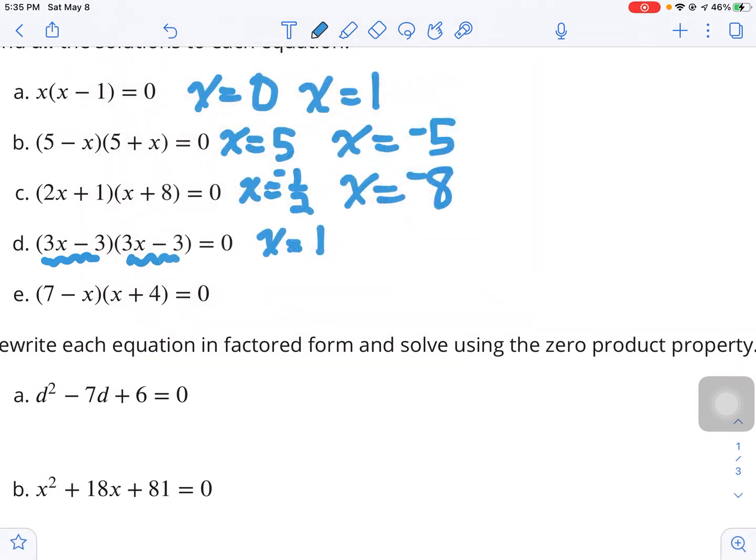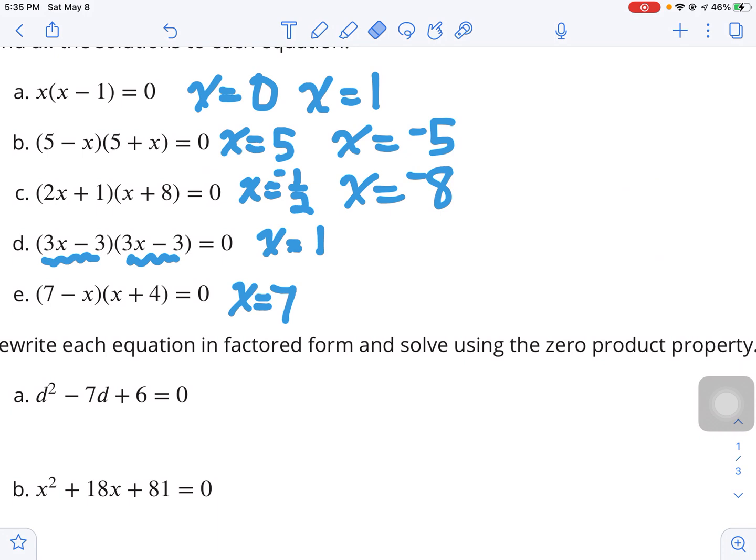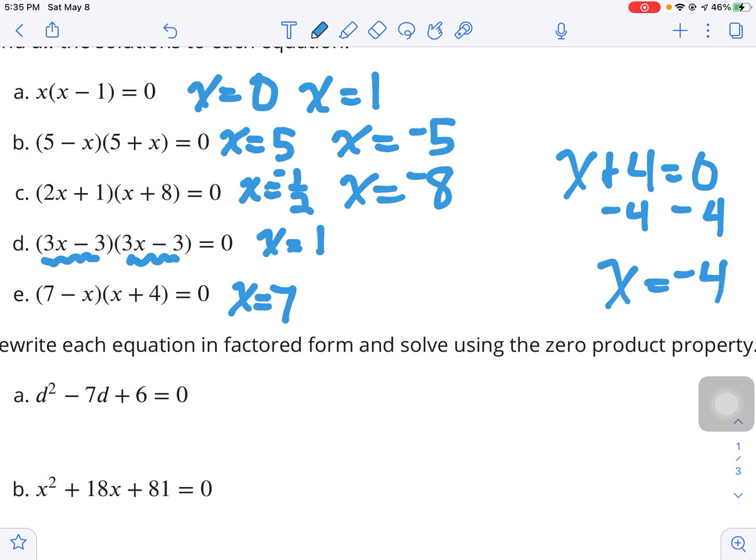Letter E, we'd have 7 minus x is equal to 0. So add x to both sides, and we'd have 7 is equal to x. So x is equal to 7 goes here. And then if we do x plus 4, set that equal to 0, we would subtract 4 from both sides, and we get x is equal to negative 4.